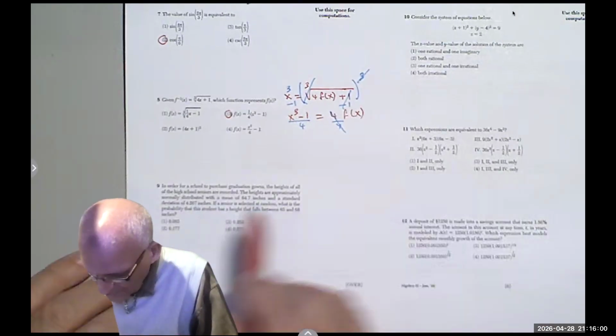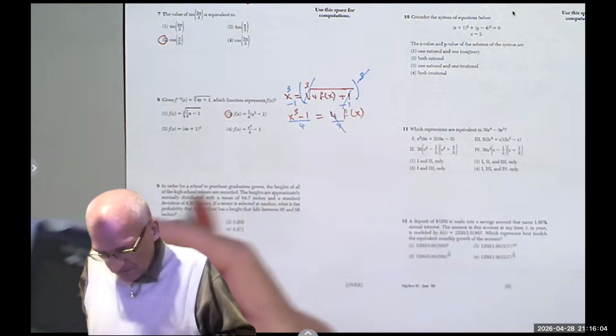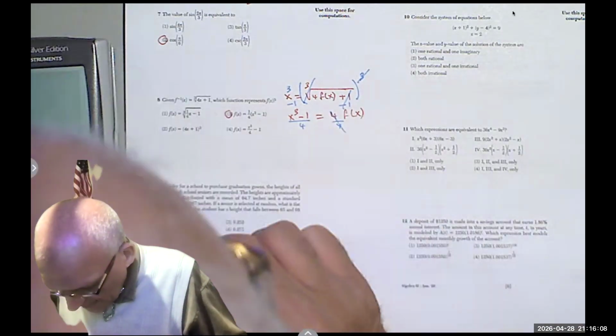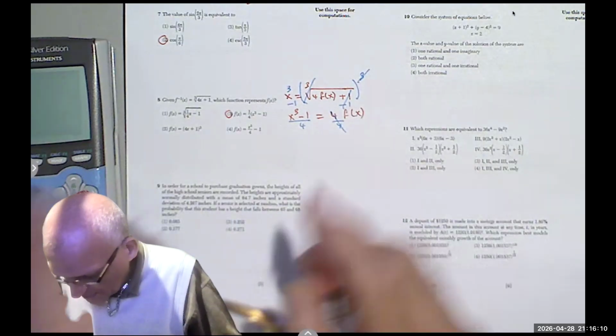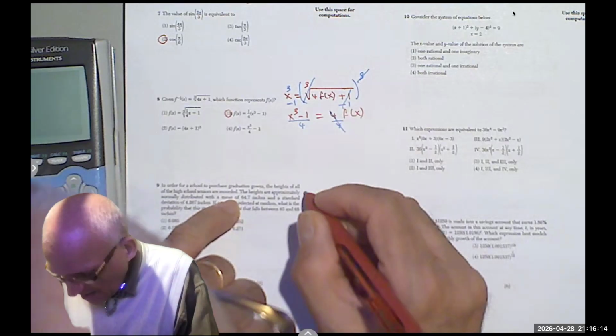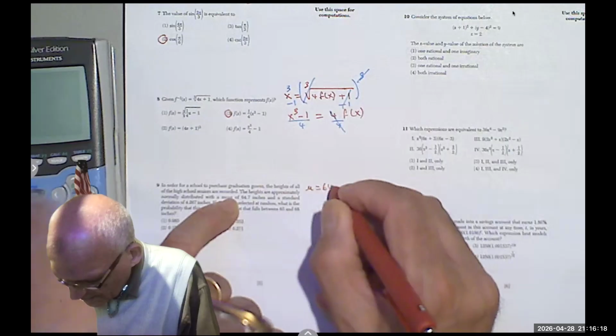9. In order for a school to purchase graduation gowns, the heights of all the high school seniors are recorded. The heights are approximately normally distributed with a mean. So if we assume it's normally distributed, we say mu equals 64.7.